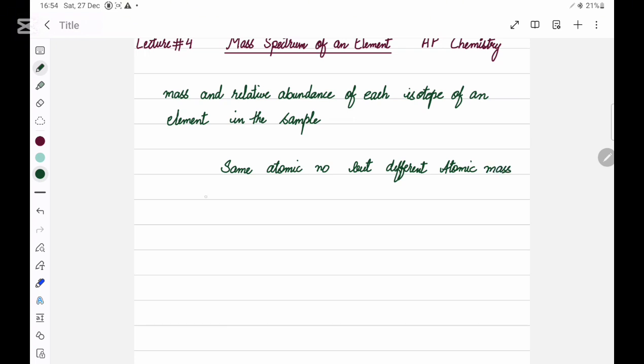For example, we have 3 isotopes of hydrogen, that is H-1 1, H-1 2 and H-1 3. This is called protium, this is called deuterium, and this is called tritium.